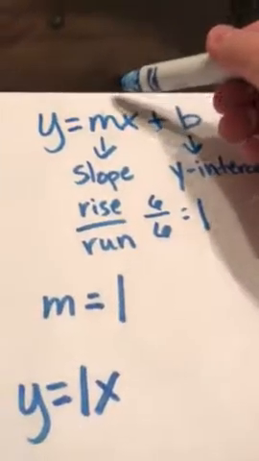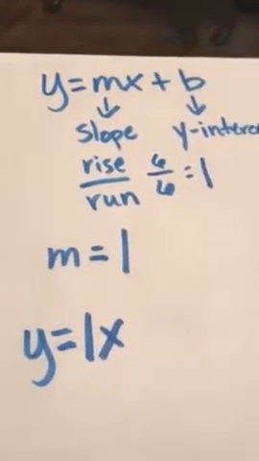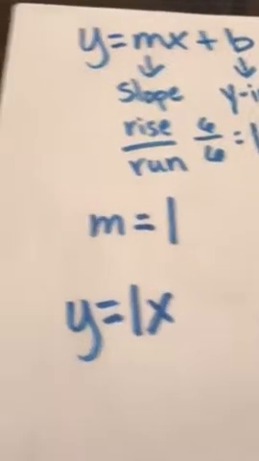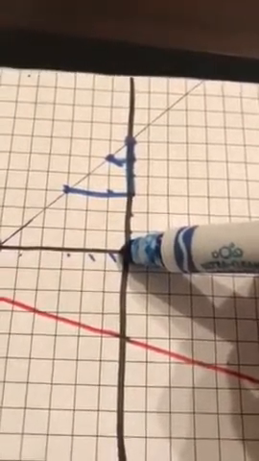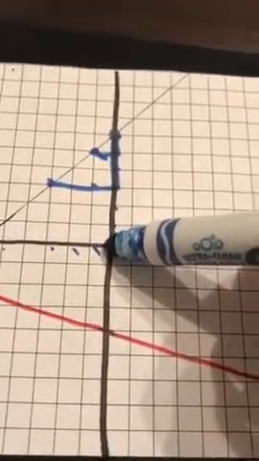So we can start our equation as y equals 1x, because we're replacing the m up here with 1 because we determined the slope is 1. Now the b is the y-intercept. Where does this line cross the y-axis? Well, I know that this is the origin. This is where the 2 axes meet. And I'm going to count up, and I'm going to count by positives because going up is positive, going down is negative. 1, 2, 3, 4, 5, 6.